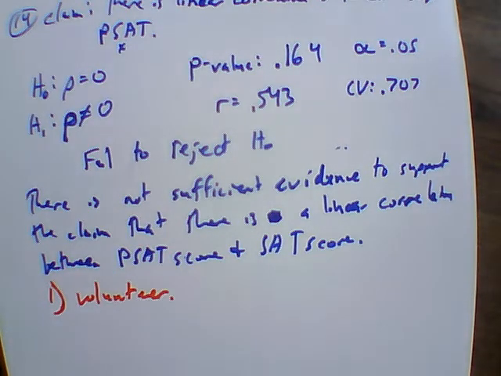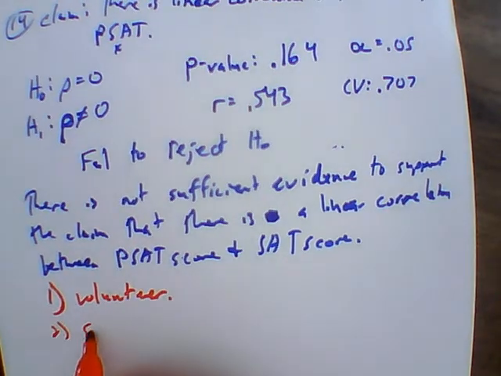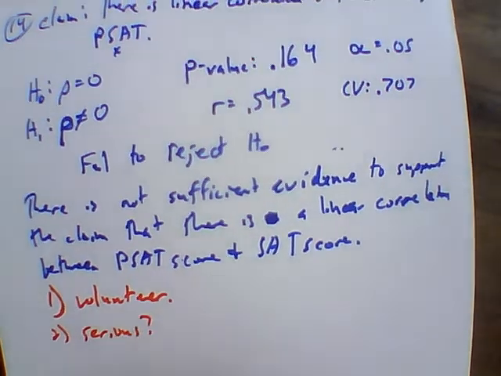So there's so much information in here that we could look at. Were you serious on one and not on the other? Maybe you did better on the PSAT because you took that seriously, and then your SAT you just blew off because you decided you didn't want to go to college. There's so many different things that could go into this. We would have to look at other types of correlation.